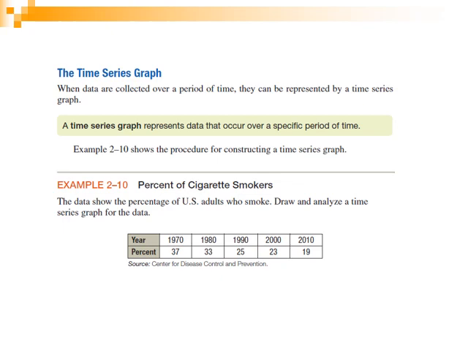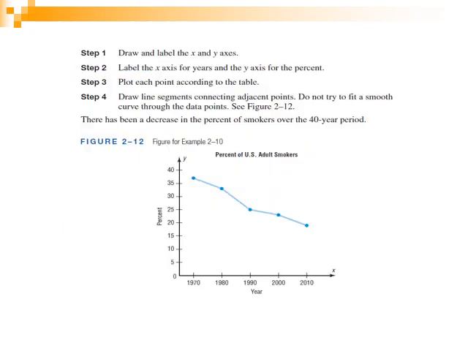So the data are represented in years, and the percent in each year is here in the table. We want to draw a time series graph for the data. So we draw the x-axis and label the years that we have, and on the y-axis we put the percentages, plotting each point according to the information given.